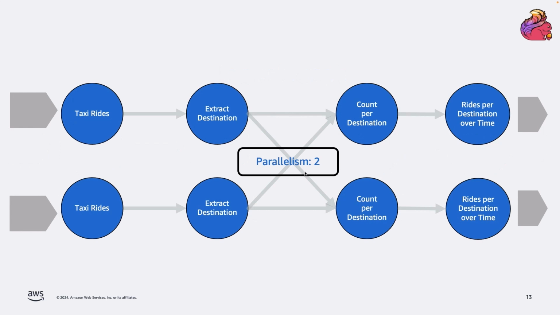When we deploy our application, we decide what level of parallelism we want. Application parallelism is how our job is parallelized into instances of operators. And this becomes the default parallelism for all operators in the graph. Taking into account the parallelism and the flow between operators, Apache Flink generates a physical graph.